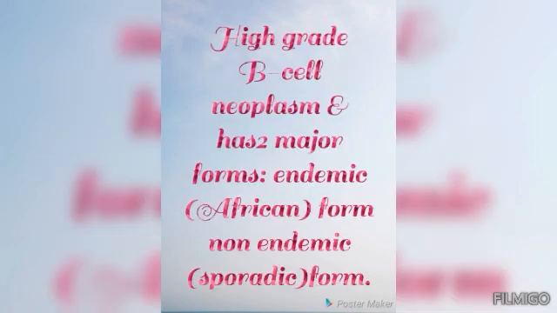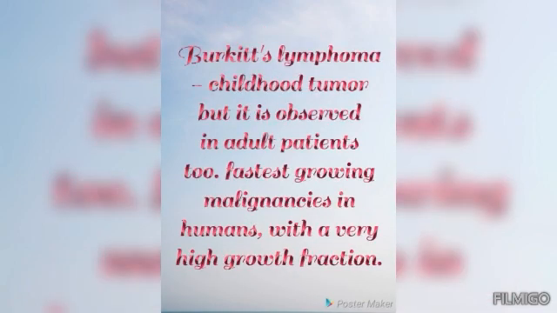It is an endemic tumor that most commonly occurs in the African region, and it is a high grade B cell neoplasm. It has two major forms: one is endemic and the other is non-endemic. The endemic form is also called the African form, and the non-endemic form is also called the sporadic form.